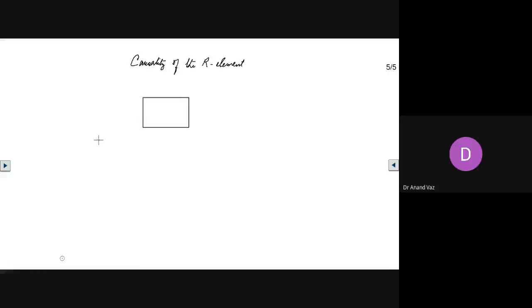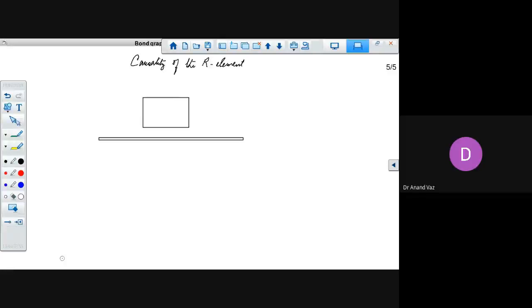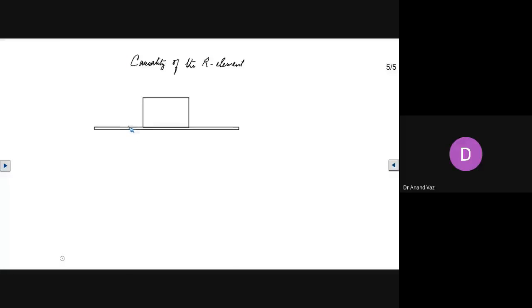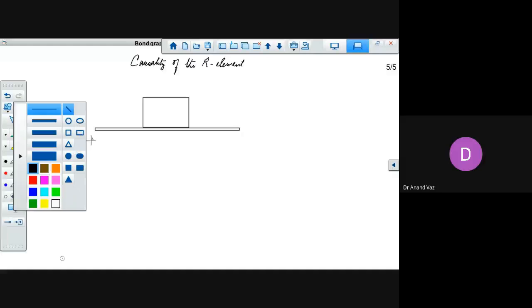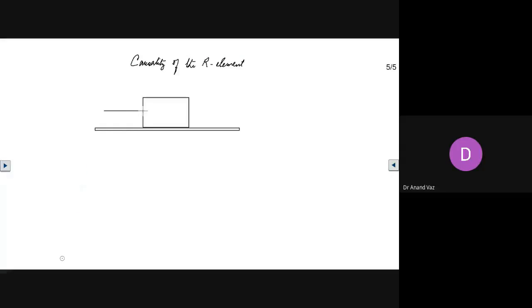Let's say we have a surface and this block is just resting on this surface. And let's say we apply a force on this.